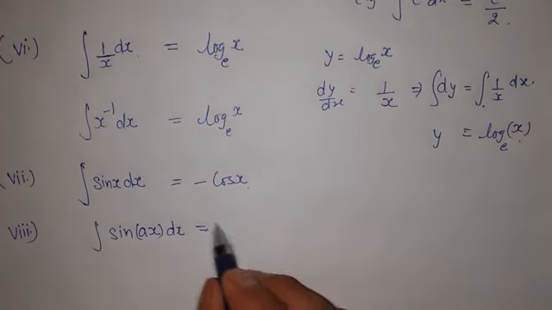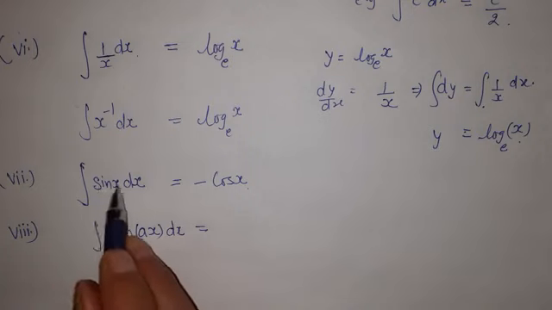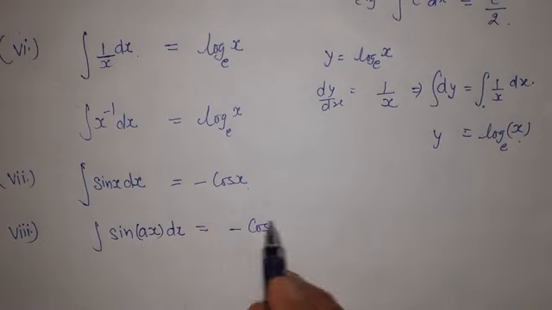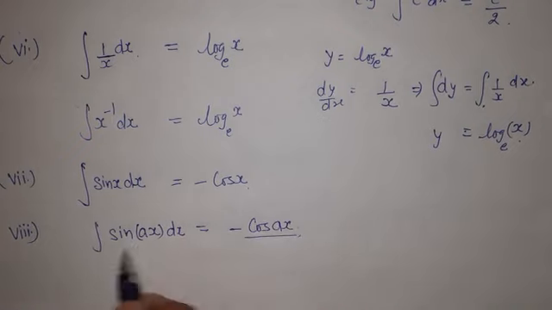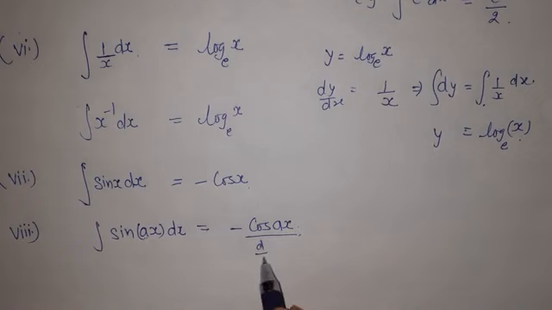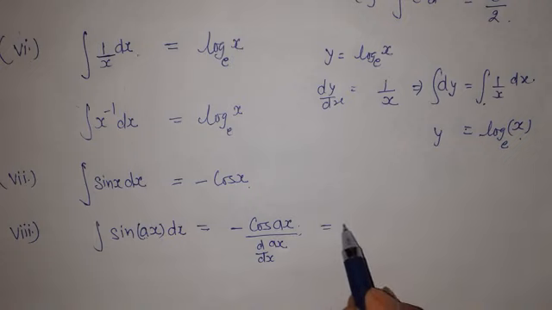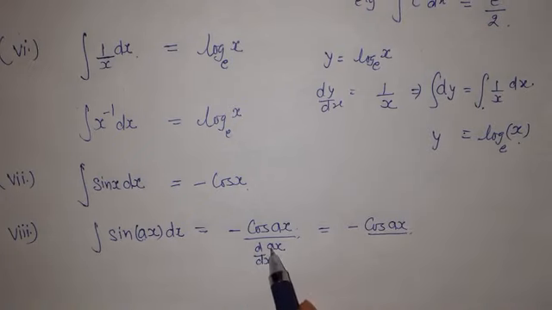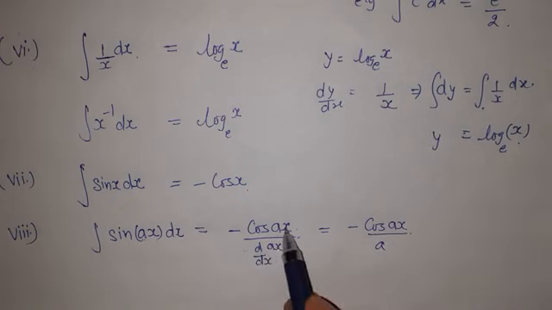For this situation you need to remember, the integration of sine is minus of cos, but what is the angle here, it is ax, upon it do the differentiation of this angle. Okay, so do the differentiation of the angle, so you will get minus of cos ax upon, what will be the differentiation of this term, so a will come out and inside there is dx by dx, so it is 1. So thus we get that whatever is along with this angle will come in the denominator. Okay, so find the derivative over here.